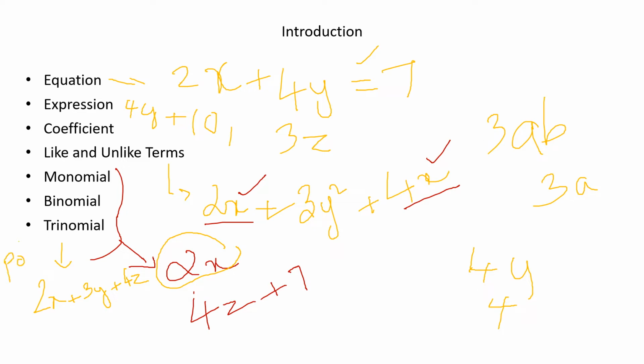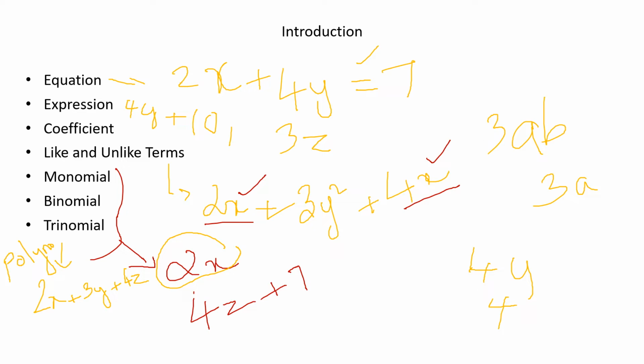Generally we will call it a polynomial. Generally we'll call all the equations polynomials, but more than three terms we'll call a polynomial. Generally I can say 2x is a polynomial, 4z plus 7 is also a polynomial, 2x plus 3y plus 4z is also a polynomial.